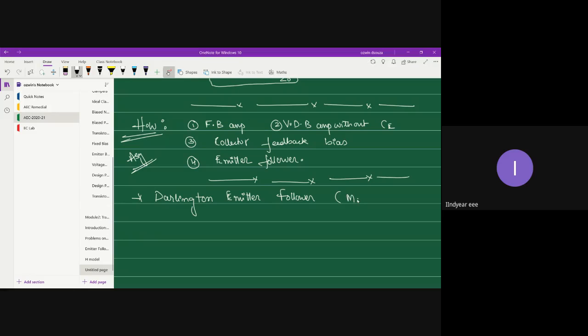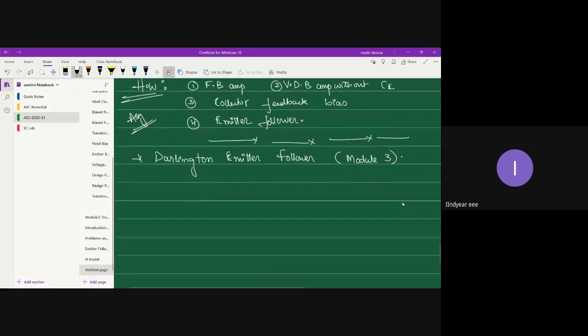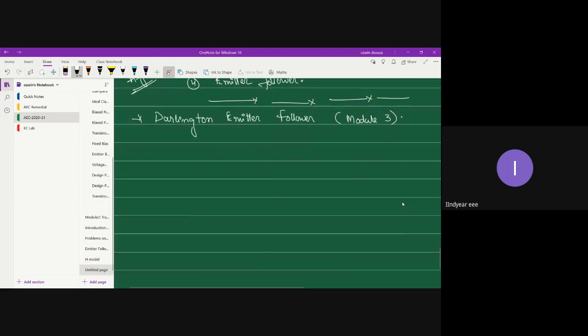Actually it comes in module 3, but since I'm discussing emitter follower in module 2, I don't want to keep this stuff in module 3. I want to discuss this Darlington emitter follower in module 2 itself, because there is some mismatch in the content in the curriculum. Okay, all right. So Darlington emitter follower. In short, it is called a super beta transistor.